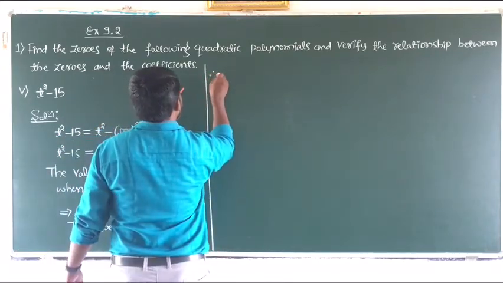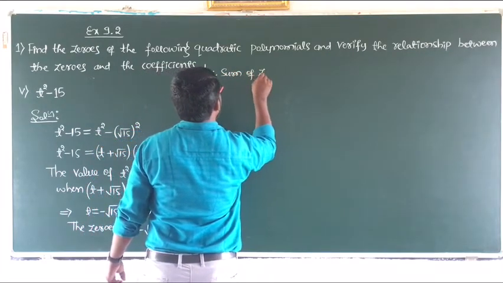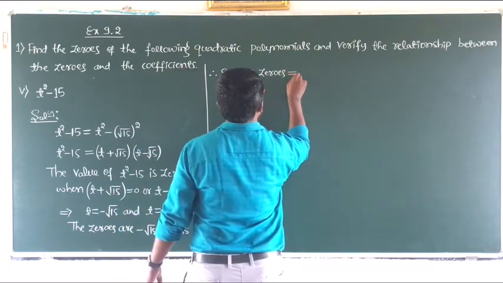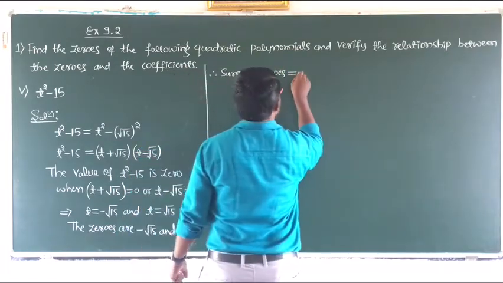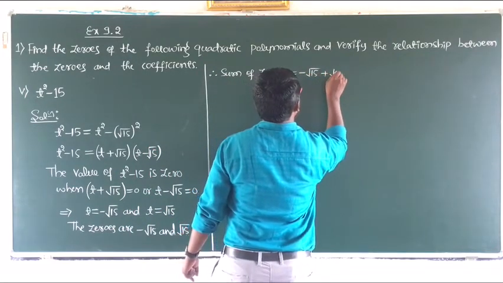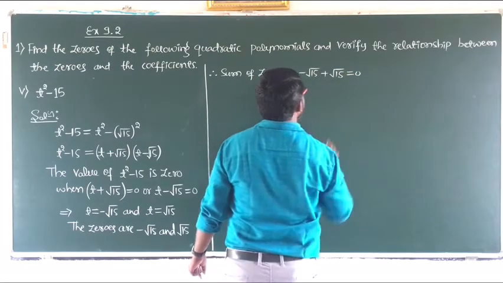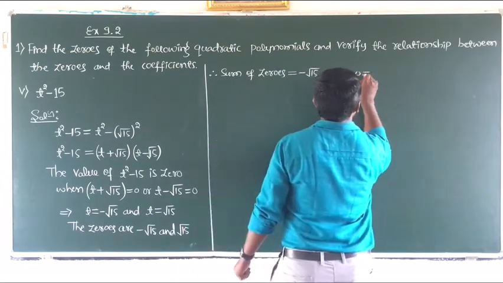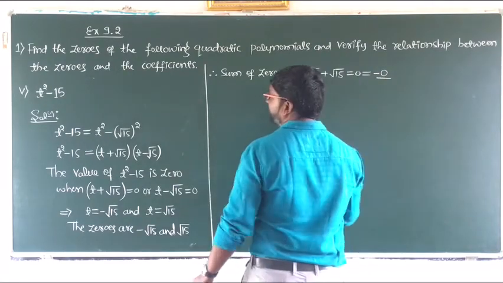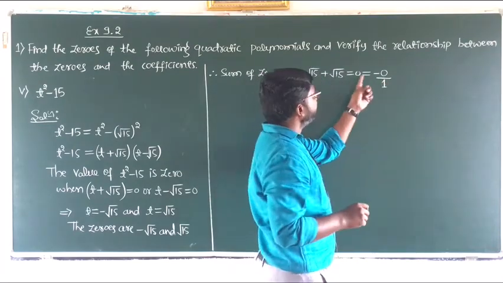Therefore, sum of zeros is equal to minus root 15 plus root 15, which is equal to 0. So, this can be written as minus 0 divided by 1. So, 0 by anything is always 0. I have written the 0 in this form.